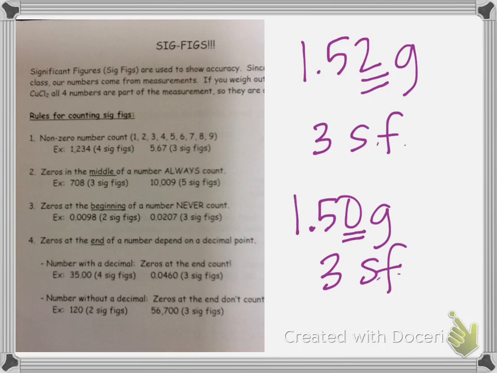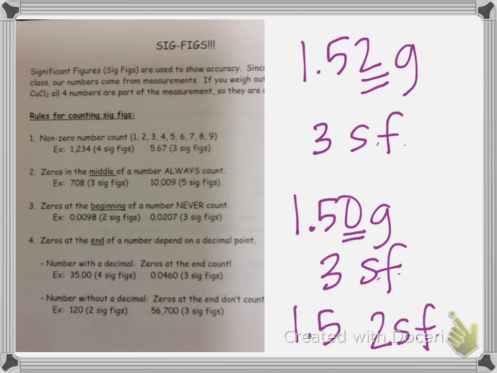So when we talk about rules with zeros, the 0 that comes at the end of a number, even though you might not have to type it into your calculator if you're doing a calculation with it, 1.5 and 1.50 to a math teacher is the same exact number. But in science, 1.50 is more accurate than the number 1.5 because 1.5 does not have a hundredths place. So it is less accurate or less certain. So we say that this number has 2 sig figs.